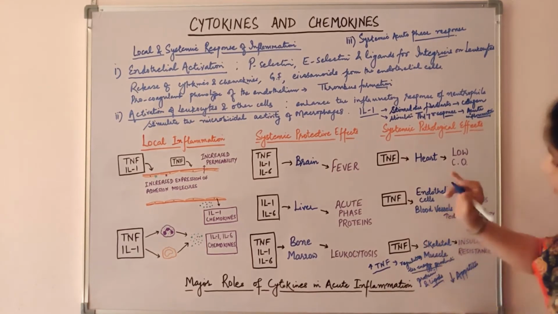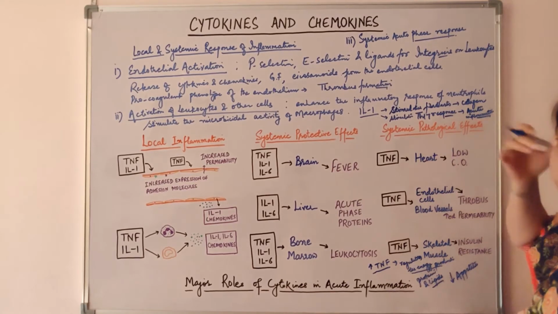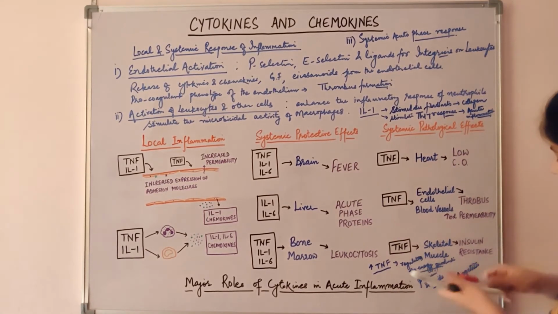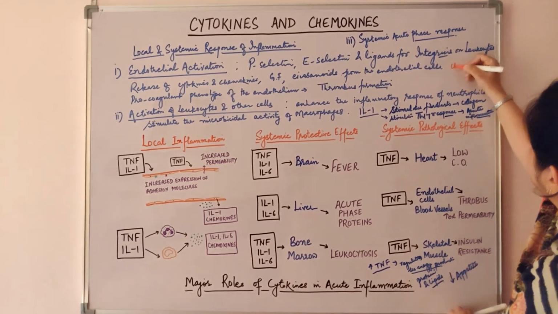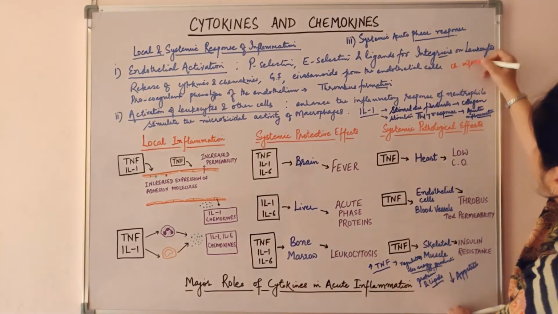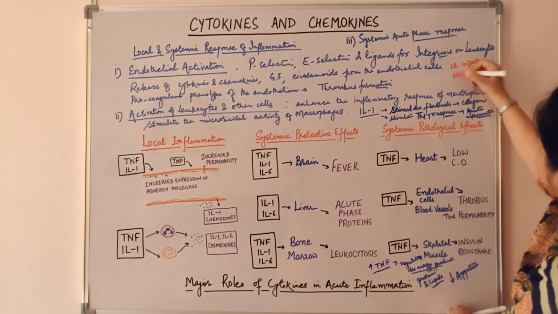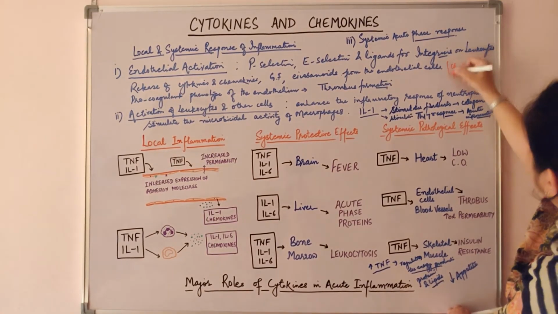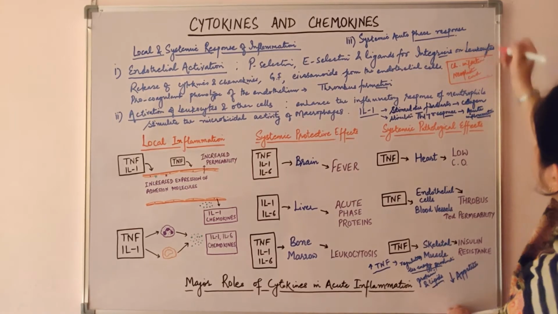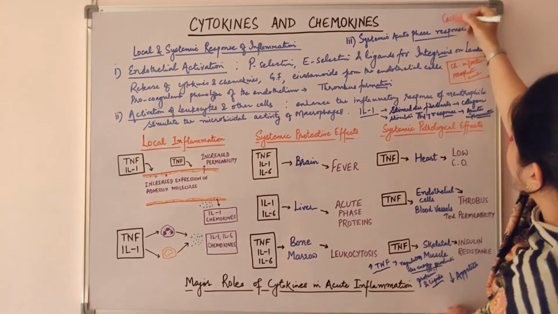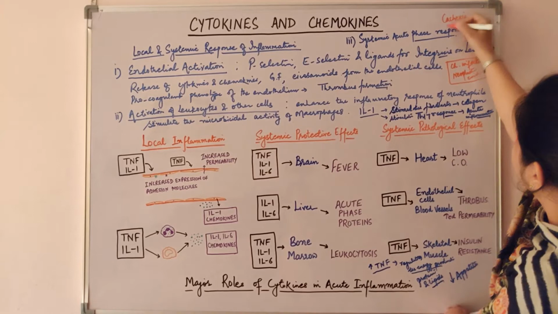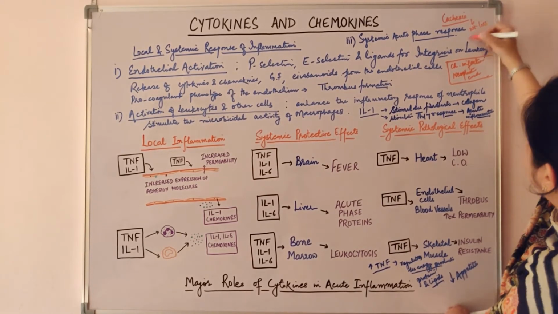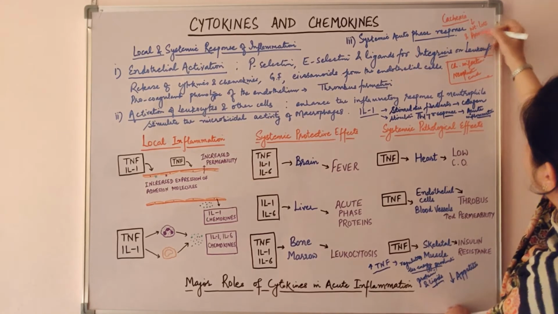So sustained increase in TNF levels is seen in conditions like chronic infections, neoplastic conditions, and this leads to cachexia, in which there is weight loss and anorexia.